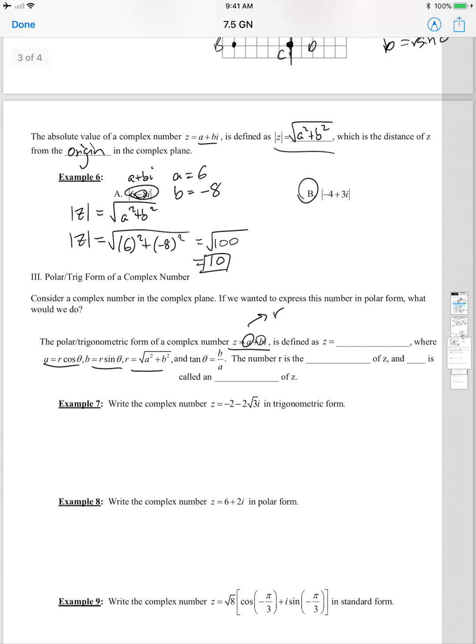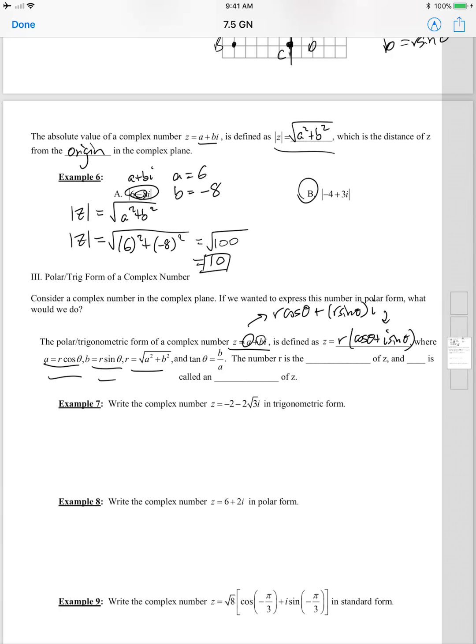We just said a was r cosine theta, and we just said b was r sine theta times i. I can factor out an r from both numbers, and then I'm left with cosine of theta plus i times sine of theta. And that right there is the polar form of a complex number. We call it the trigonometric form of a complex number as well because we're dealing with cosine and sine of an angle.